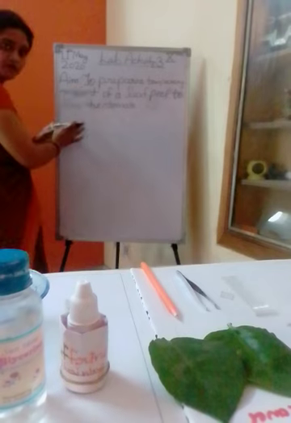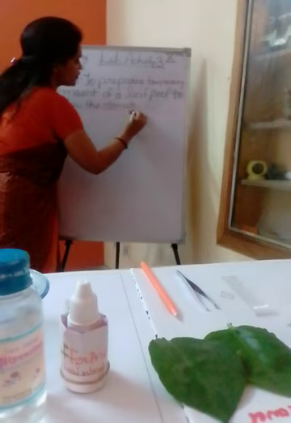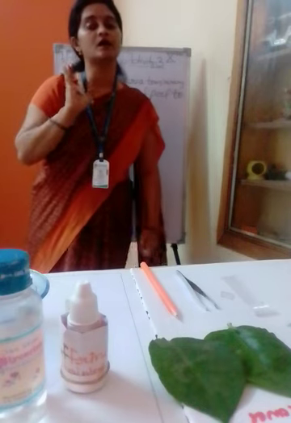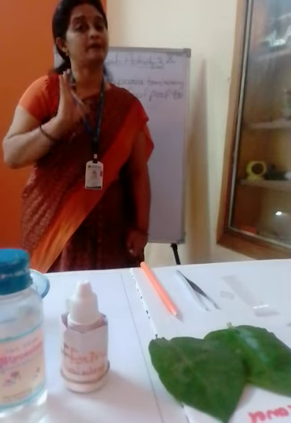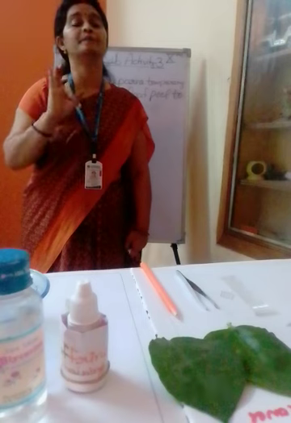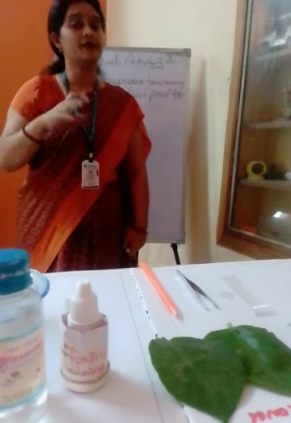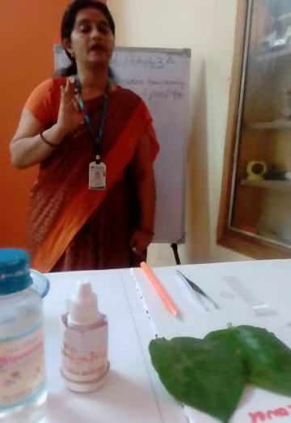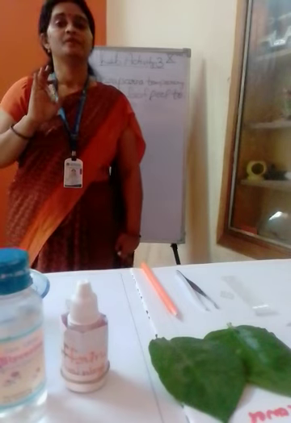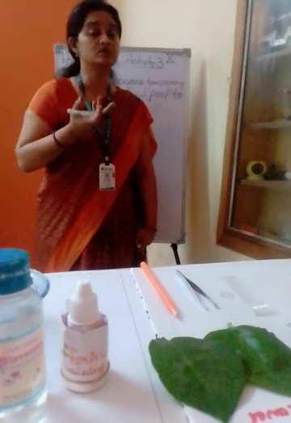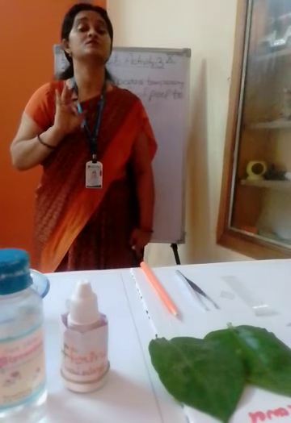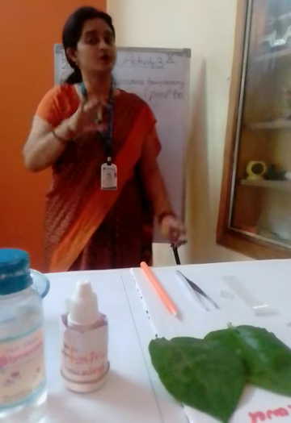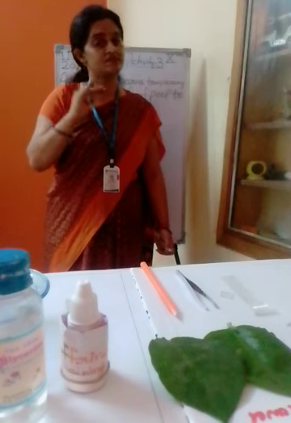Are you clear now about the aim? What are stomata? First of all, do you know plants are primary producers? Plants make their own food in the presence of sunlight, and stomata carry out the physiological processes of photosynthesis and respiration.